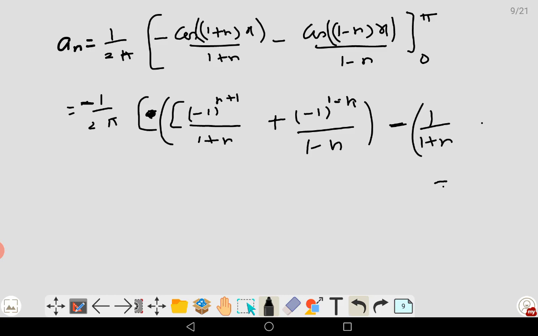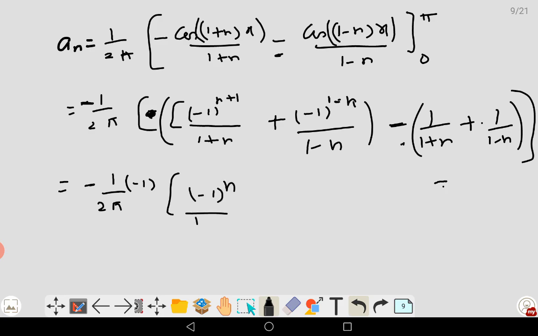Minus cosine 0 will give you 1 over 1 plus n plus, when you take both the negatives outside, this will be plus 1 over 1 minus n. Now we have to carefully do it. 1 over 2 pi. I take minus 1 from every side, this will be positive.